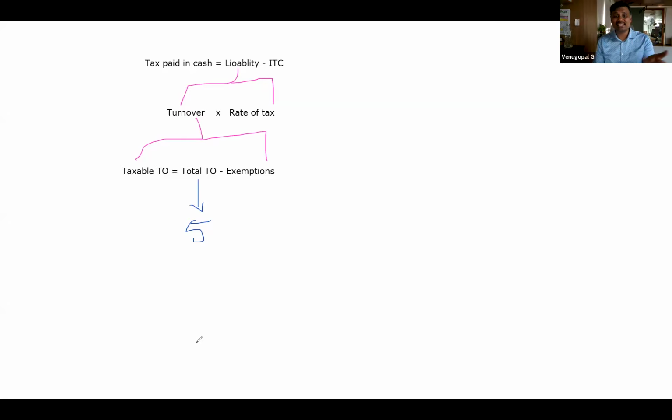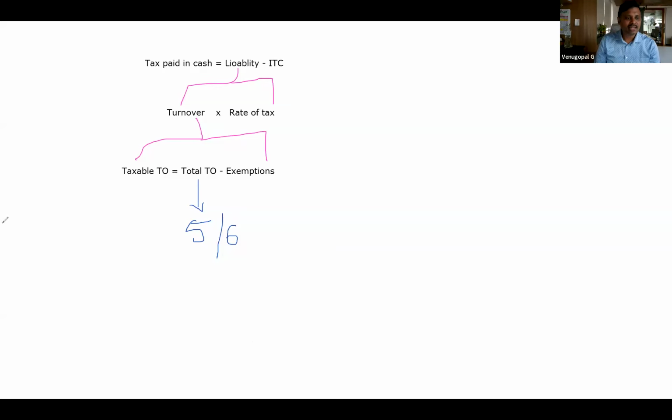Books versus GSTR 9. Now it may match, it may not match. If it is not matching, then you will give the difference in table number 6 of 9C. What you are seeing is now 9C. So table 6 compares the table 5 turnover versus GSTR 9 turnover. The differences are explained here.